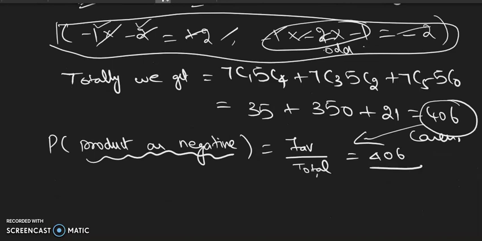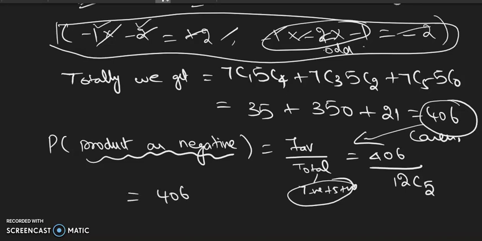In the total we have how many numbers? 7 negative and 5 positive, right? So in total we have 12 numbers. From 12 I am choosing 5 numbers. So in the denominator I'll write 12C5. So the numerator value is 406 and 12C5, if you calculate, is 792, so that is 0.5126, the probability of getting the product as negative.